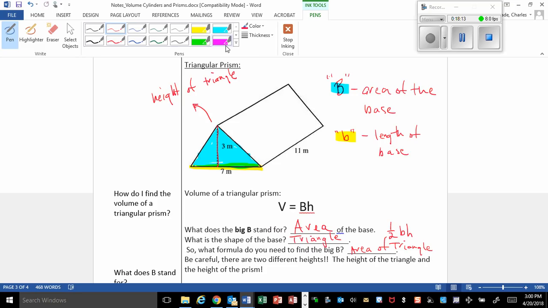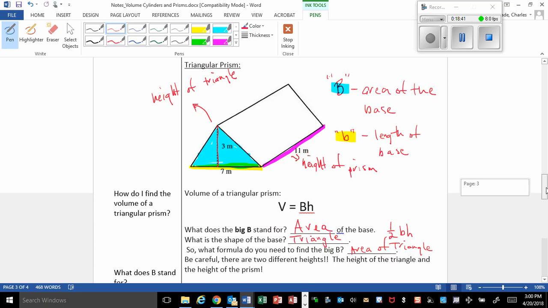Okay, this is going to be the height of the prism. Okay, that is the height of the prism. Two different distinctions, two different B's, two different heights. That's why the triangular prism can be the tricky one.